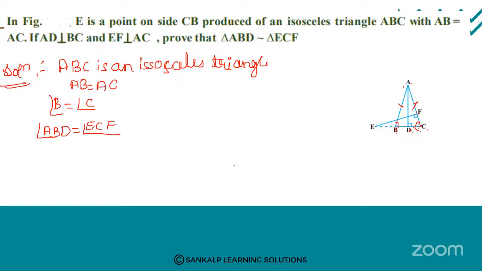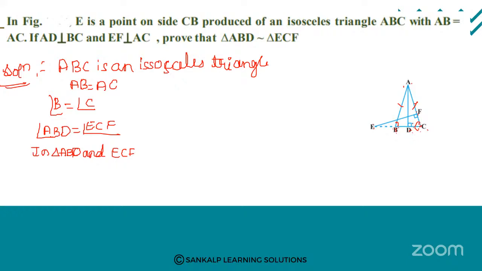And next. Triangle ABD and ECF. See, this is one triangle and this is ECF. This is another triangle. Okay. So in triangle ABD and ECF, see, D is equal to F. These two angles are 90 degrees.